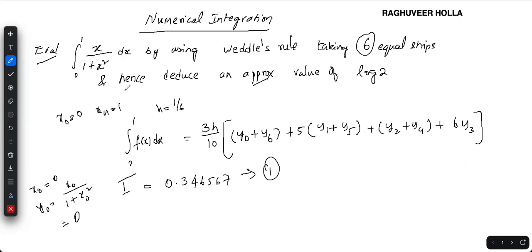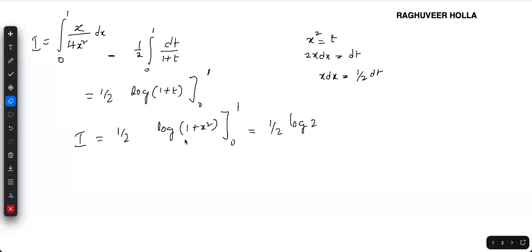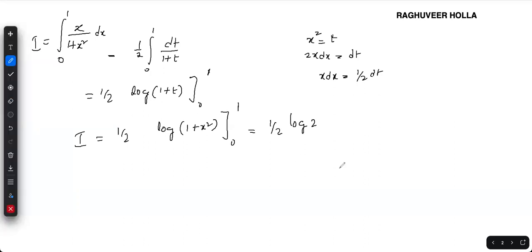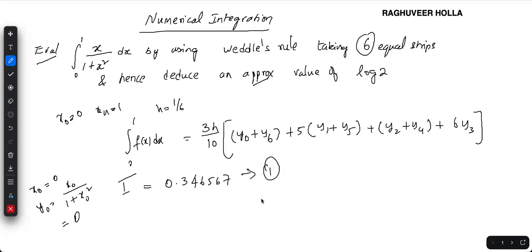Now we'll integrate it directly, which we have done earlier. So this is half log 2. So the I which you already got is this, right?